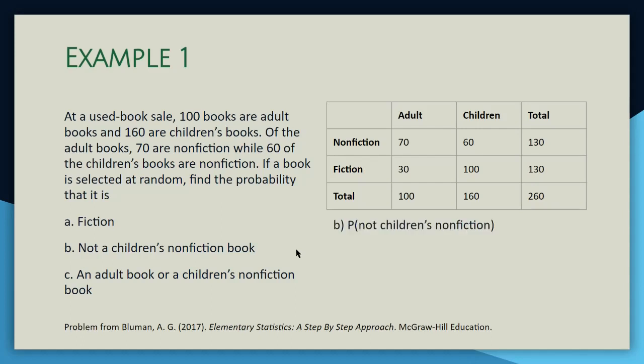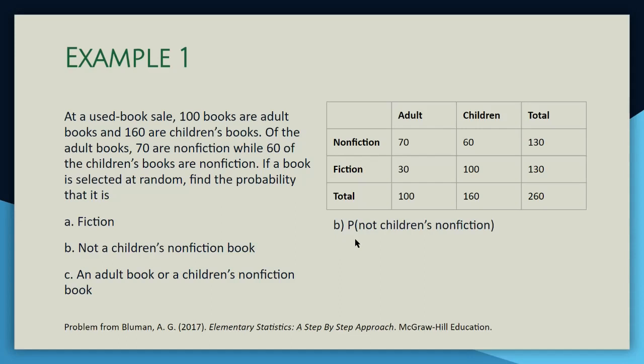Okay, for B, we want not a children's nonfiction. That's a weird way to word it, but children's nonfiction is easy to identify. Children nonfiction, that's the 60 box. I want to do not that. Let's use the complement rule.